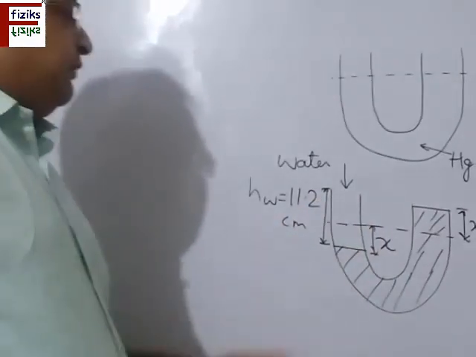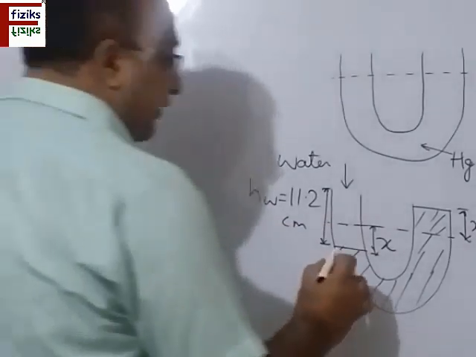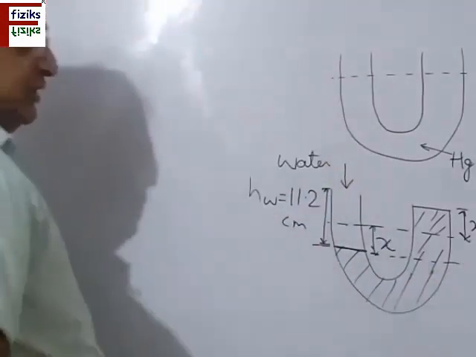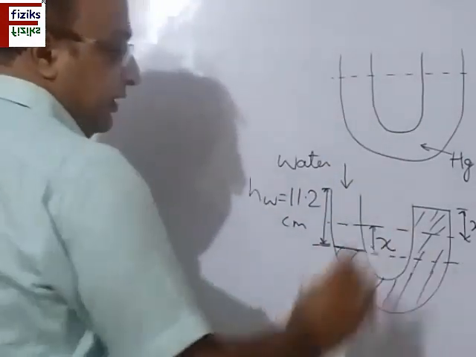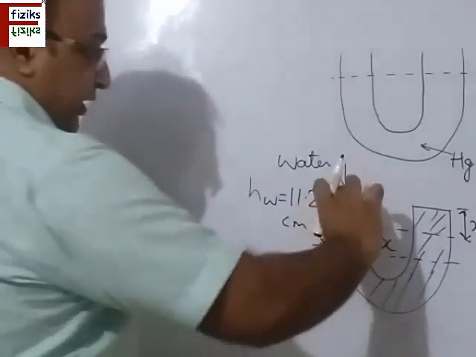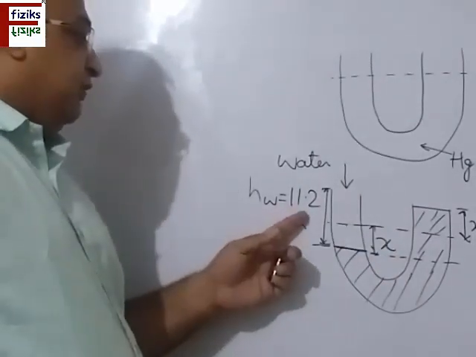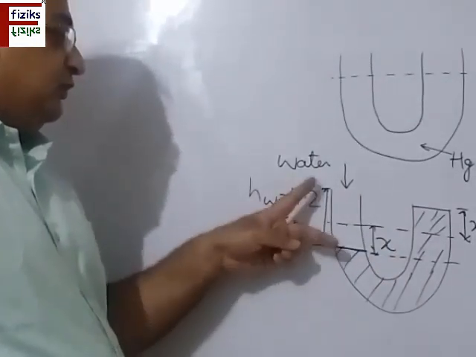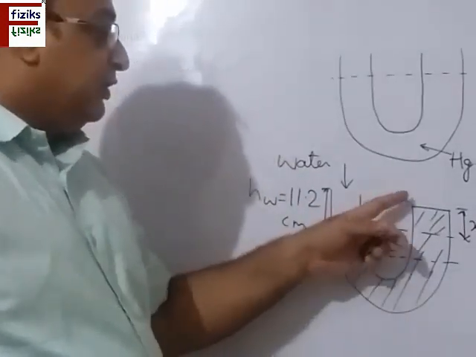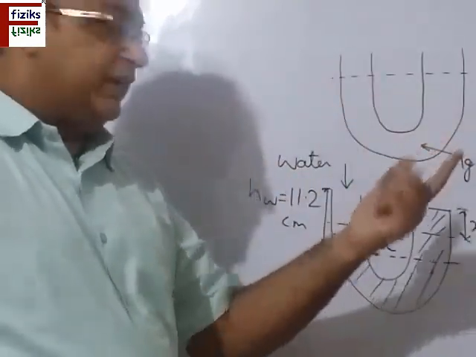Now you have to just apply the equation of pressure equilibrium on both sides. I will take this as the surface having same pressure on both the sides because this is same liquid mercury. So pressure on left side is equal to pressure on right side. Pressure on left side is because of pressure caused by 11.2 centimeter height of water column. Pressure on right side is because of the mercury column, the height of which is equal to 2x and not x.